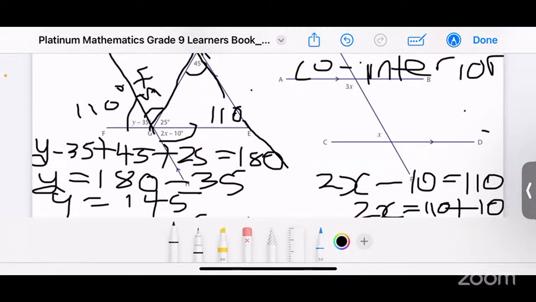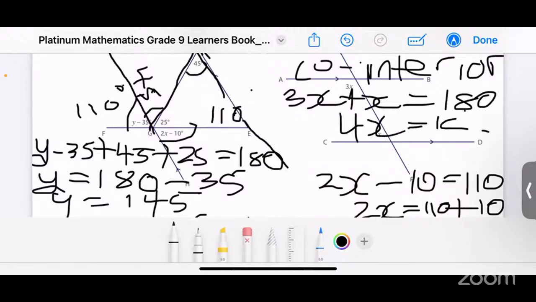Co-interior, 180 is equals to, let me start by 3x. 3x plus x is equals to 180. Then 4x is equals to 180. We divide by 4, we divide by 4. X is equals to what? 45. X is equals to 45.